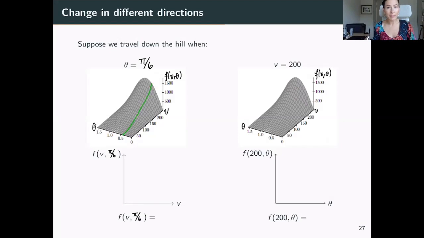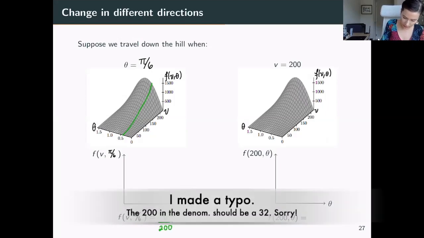Now, if we graph this in a slightly different plane, remember that when we plug in pi over 6, we end up getting a quadratic function, which is v squared divided by 200 times the square root of 3 over 2.